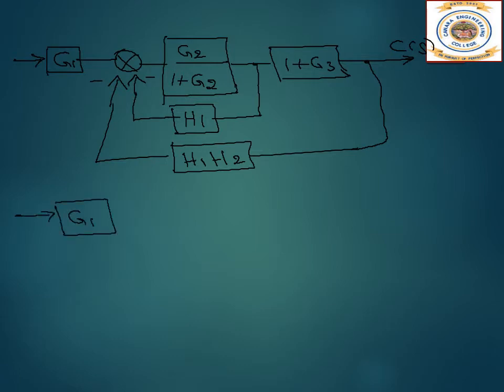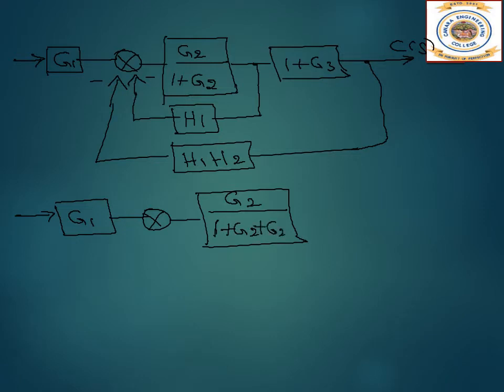So G1. This summation point will remain because there are two feedback paths there, and after this you have to simplify. So G of S will be G2 by 1 plus G2, so only G2 will be there in the numerator, and here 1, it is negative feedback, so we get 1 plus G2 after simplification. This is G2 H1.